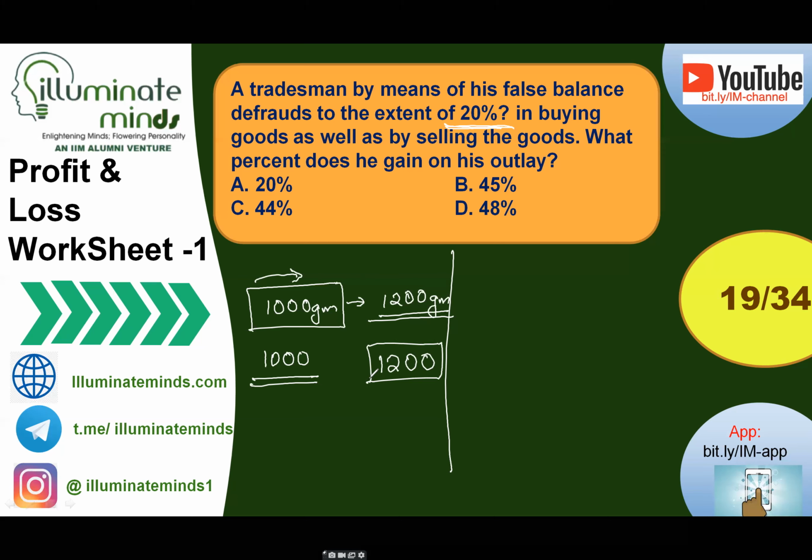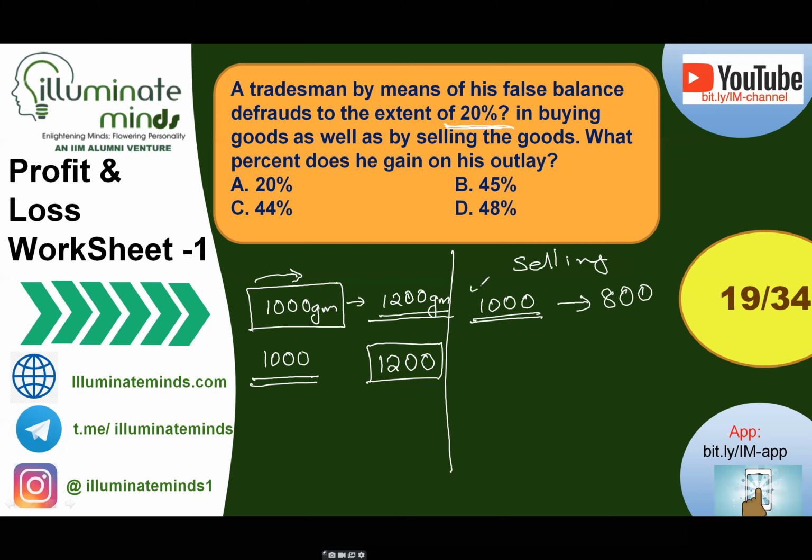Now while selling, this is another picture. When he's selling, he defrauds to the extent that he shows the customer that I'm selling products equal to 1000 grams, but he actually gives the customer only 800 grams. So that is a defraud to the extent of 20%. Okay.